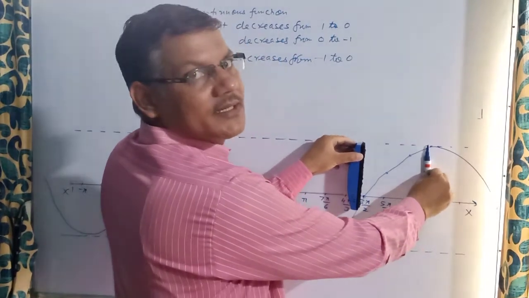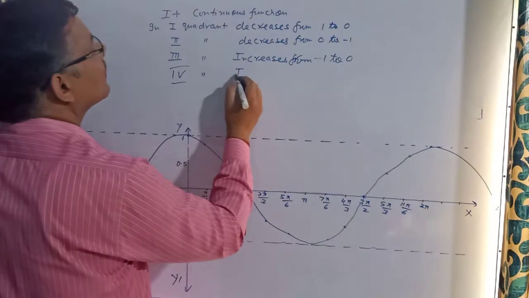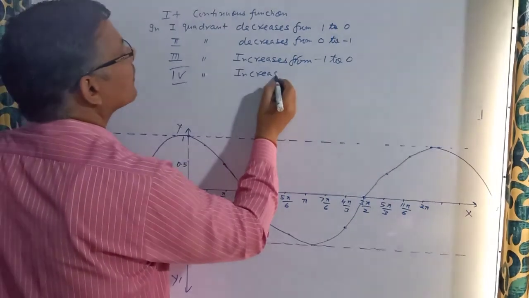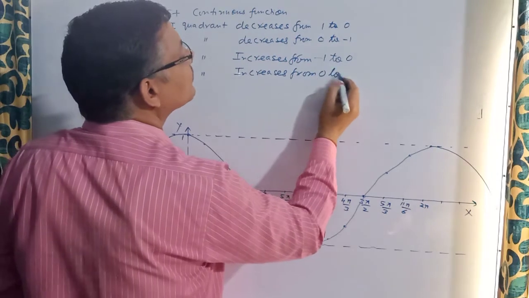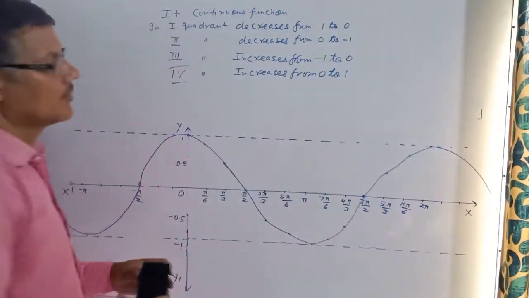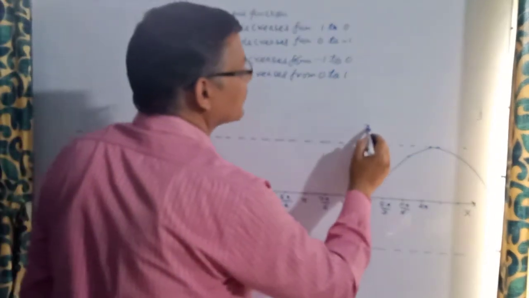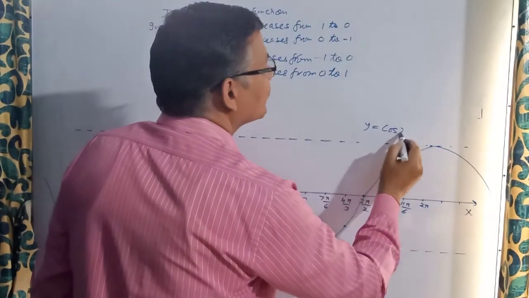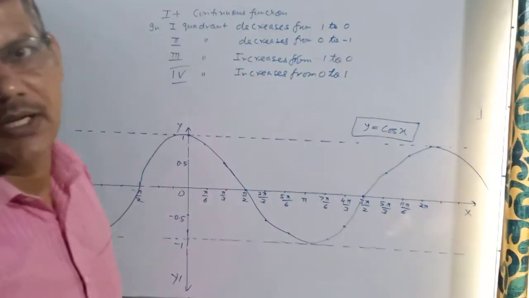Again it is increasing from 0 to 1. So this is about the graphs of the sine function and cosine function, and similarly we draw the graphs of tan and cot, sec and cosec.